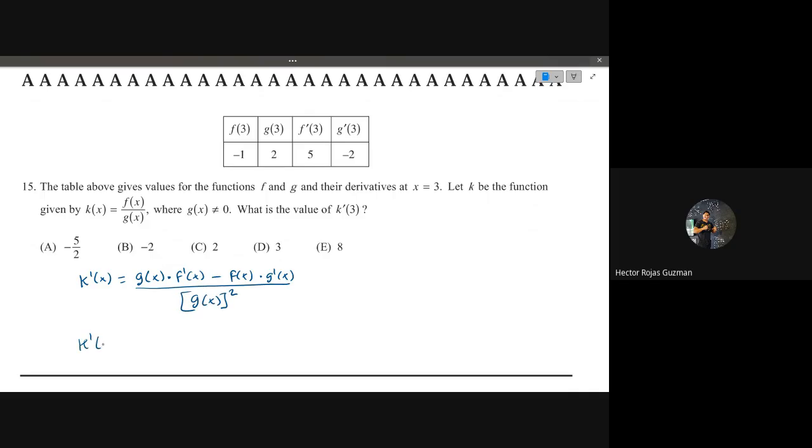So k prime of 3 is g of 3 times f prime of 3 minus f of 3 times g prime of 3 divided by g of 3 squared. 10 minus 2 over 4 equals 2.